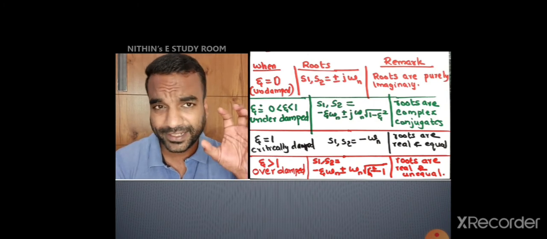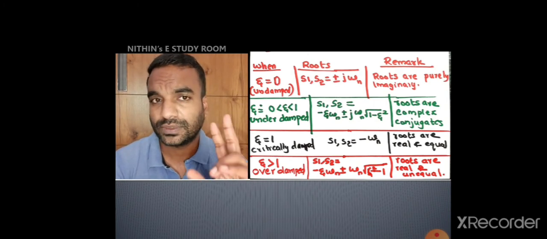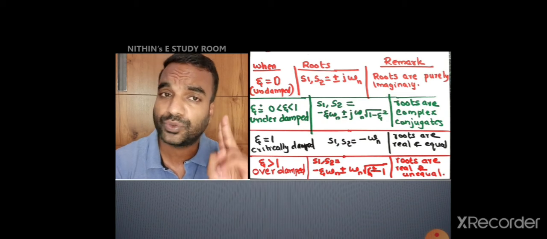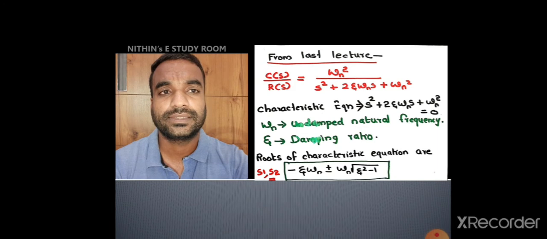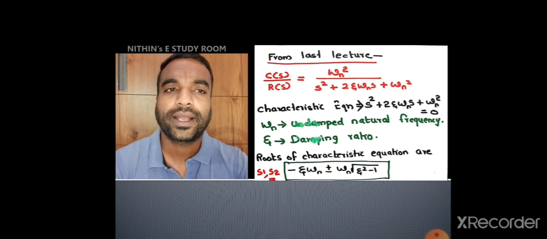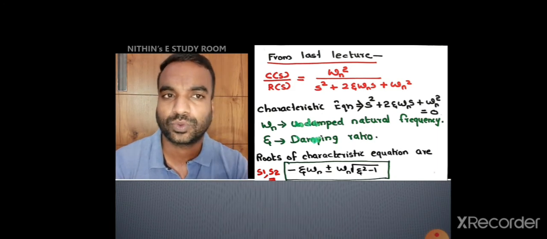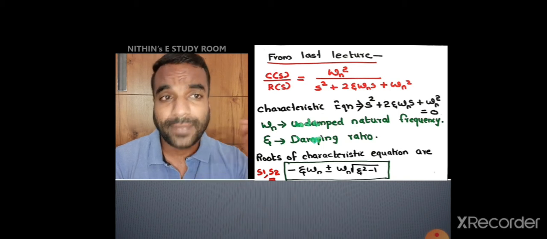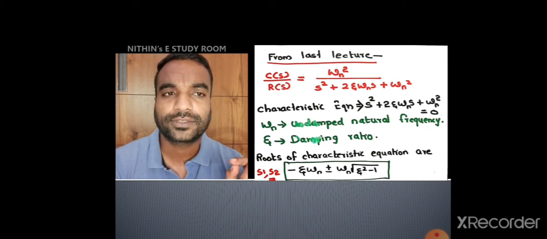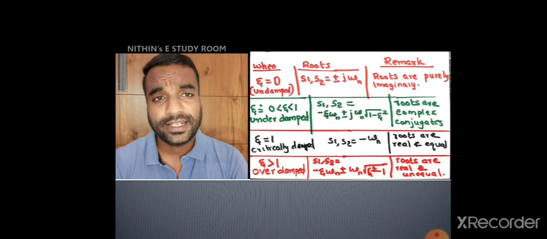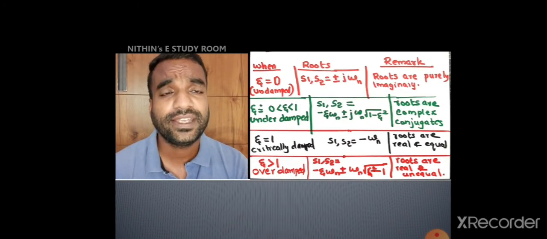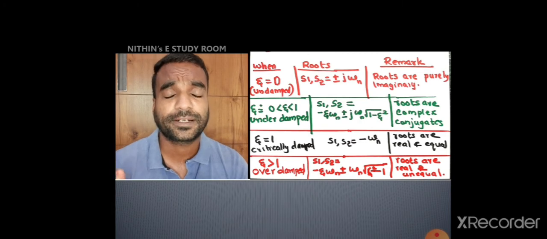In that equation, we got two roots. As it is a second order system, we have two roots, S1 and S2. Minus eta omega n plus omega n root eta square minus 1 is the first root. Minus eta omega n minus omega n into root eta square minus 1 is the second root. So, in that condition, if eta is equal to 0, that represents undamped.